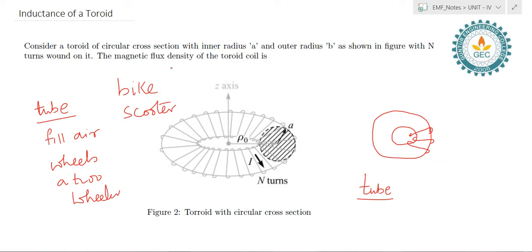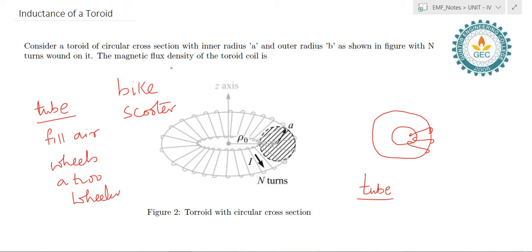Once he has repaired it, he fills that tube with air. The shape that is formed is a toroid. Imagine that over the outer periphery of that tube you wound a conductor.